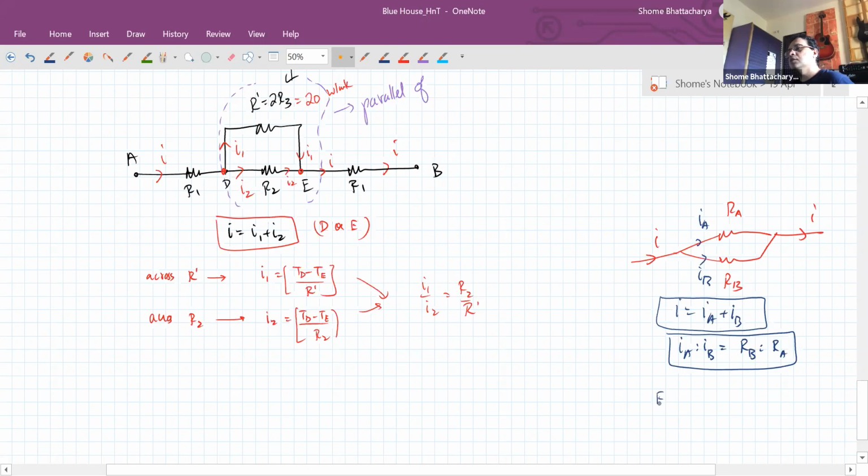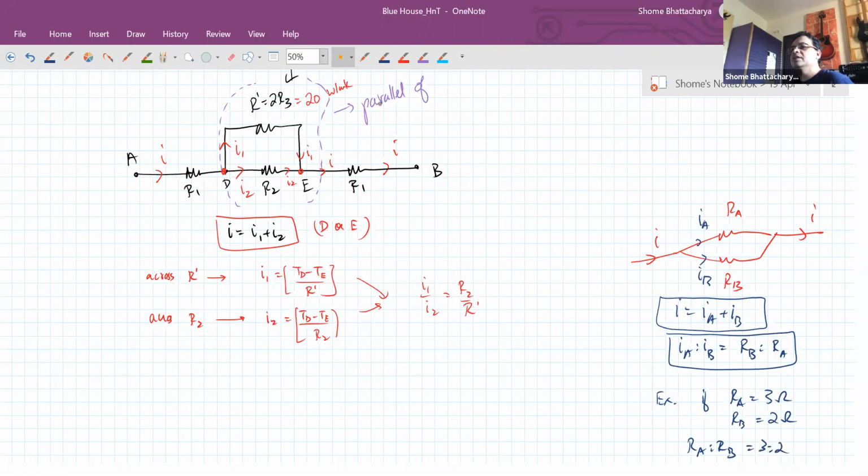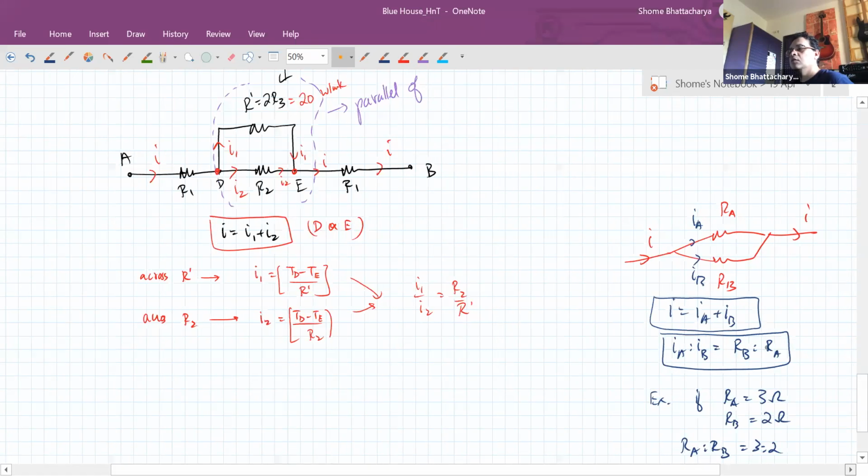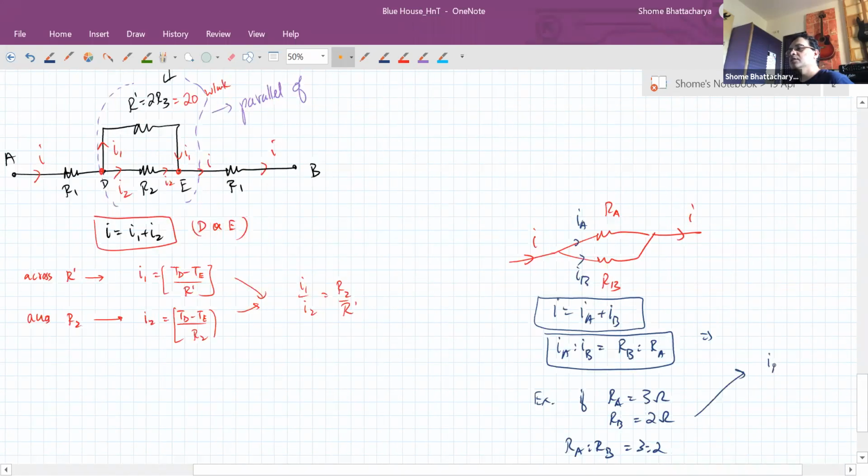For example, if RA is 3 ohms and RB is 2 ohms, then RA to RB is 3 to 2, so the current ratio will be 2 to 3. That means IA would be 2/5 of I and IB would be 3/5 of I.